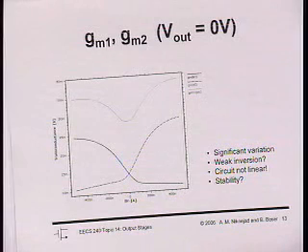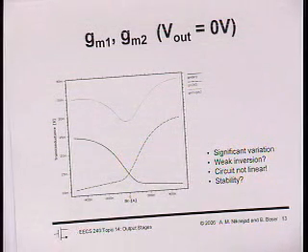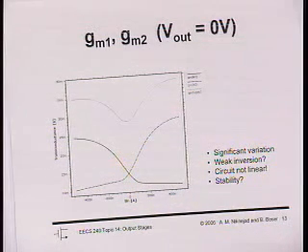At the quiescent point, the pole, let's say, is 10 times your unity gain frequency, so you're not worried about it. But if you put a signal in, all of a sudden the GM of one of the devices drops a lot, its parasitic pole moves closer and potentially produces stability problems. So you might find that if you put a small step into the circuit, it's stable, but if you put a big step, all of a sudden the circuit is unstable.